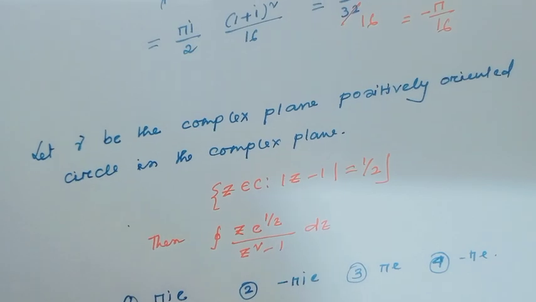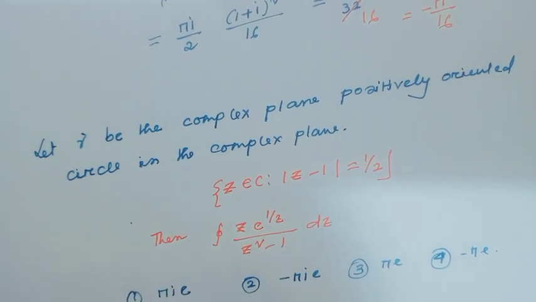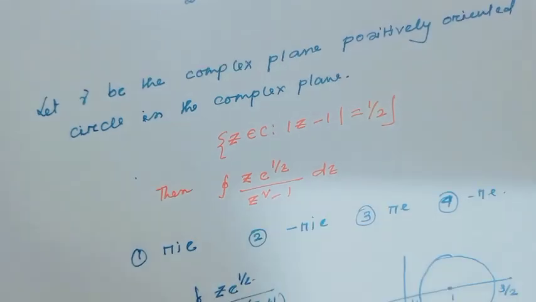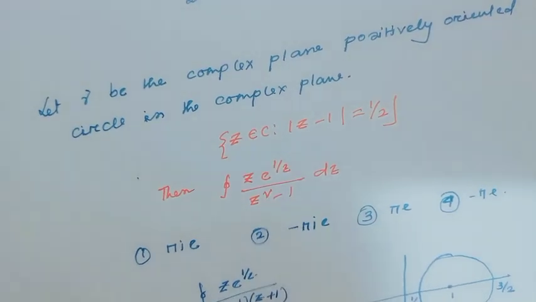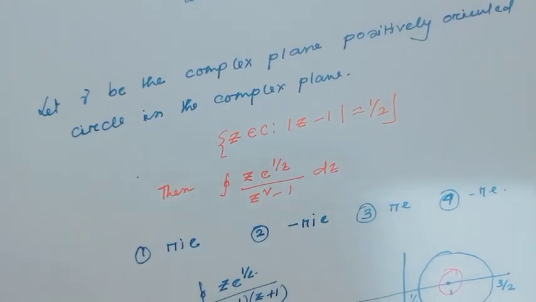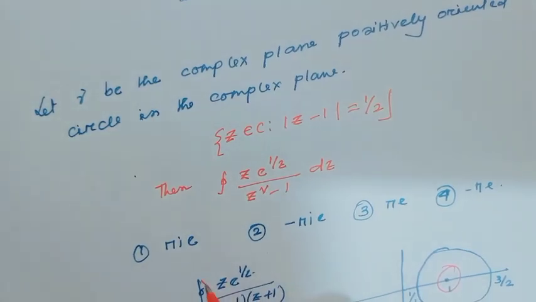Therefore, the integration of z e to the power i z over (z minus 1)(z plus 1). And here the singularities are at the points 1, minus 1 and 0. Only one point lies inside the circle and the other points lie outside the circle. So put the value here.